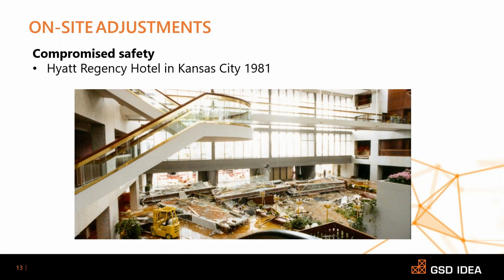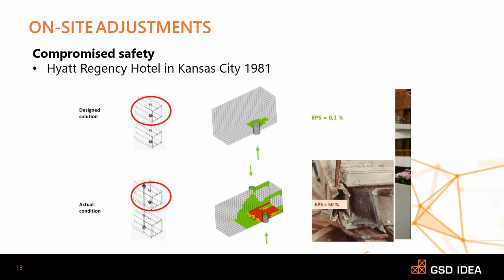And not to scare anybody, we need to cover these problems in order to prevent any catastrophe, as happened in 1981 in the Hyatt Regency Hotel in Kansas City, where a small detail was the cause of such a huge error.